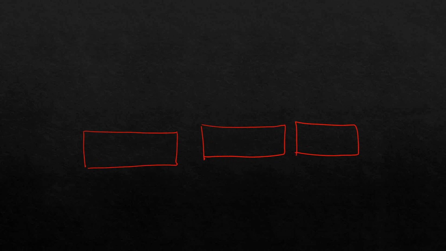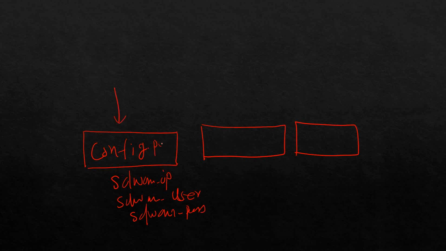What we can do is, you need one file called config. You can put inside it the SD-WAN IP or maybe URL, the SD-WAN username, and the SD-WAN password. So you can create one file, say config.py, and by the way, the Python file extension is .py.